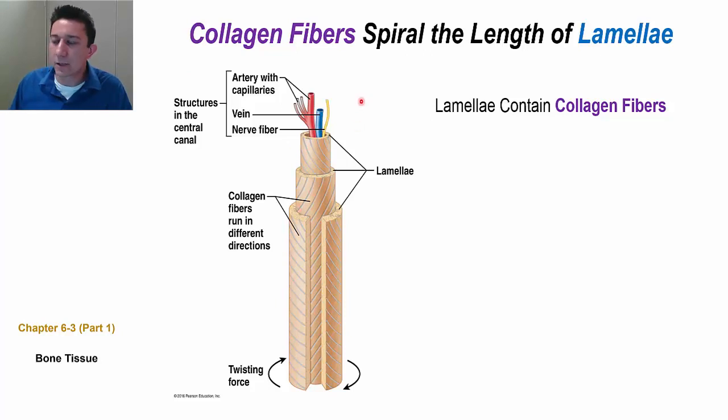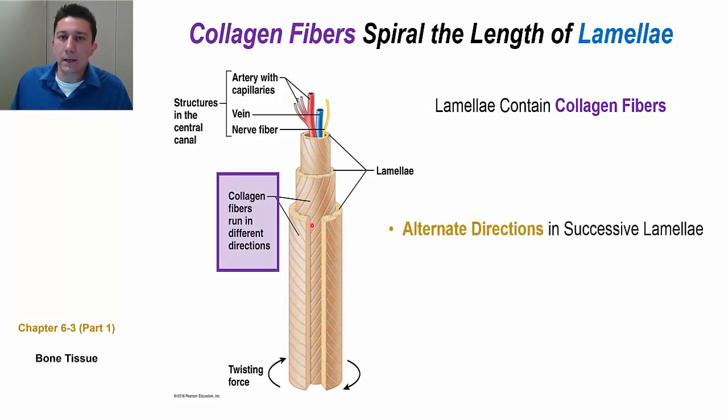What's special about these collagen fibers is that they wind around the lamellae in either clockwise or counterclockwise directions, and they switch direction with each successive lamella. That is, in one lamella they may be spiraling clockwise, in the next they'll be spiraling counterclockwise, and they'll continue to switch direction in successive lamellae.